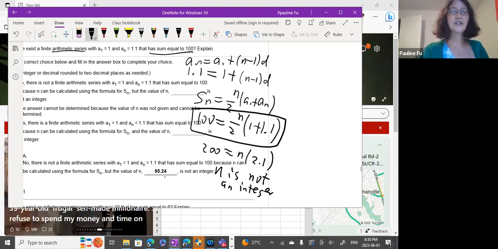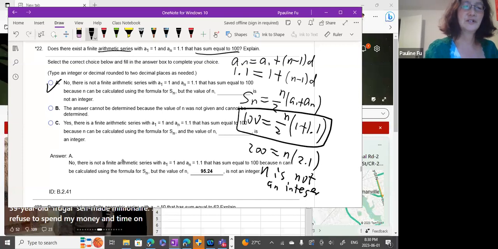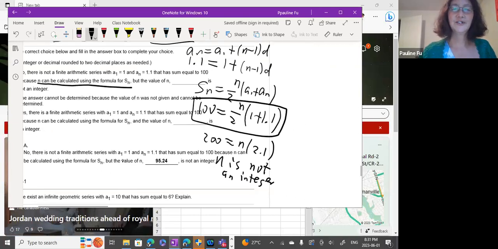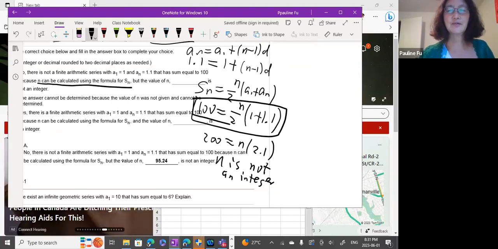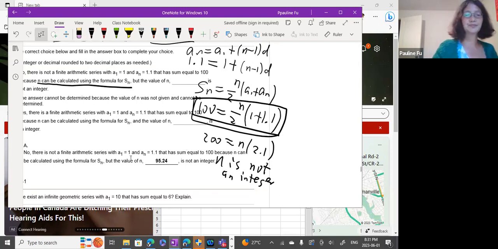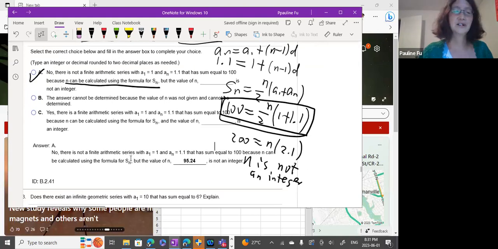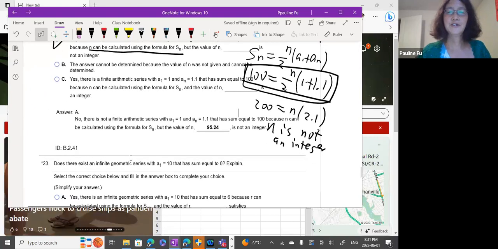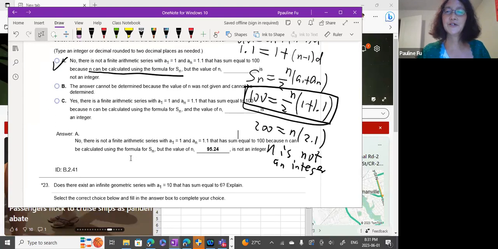That's why it is not an arithmetic sequence. We used the Sn formula and solved for N, and N is not an integer. Okay, so this is question 22. Questions?